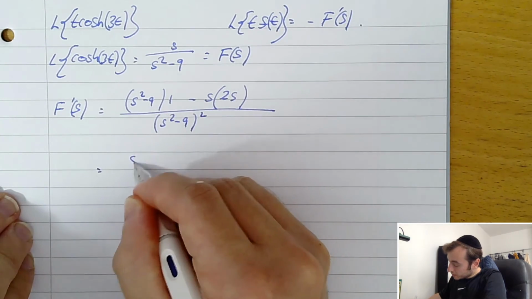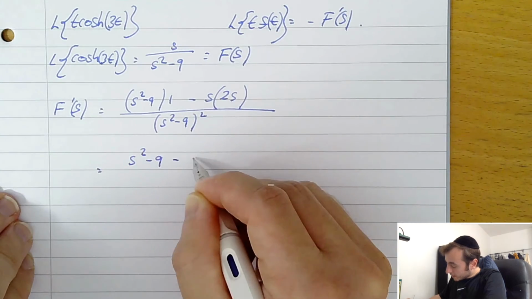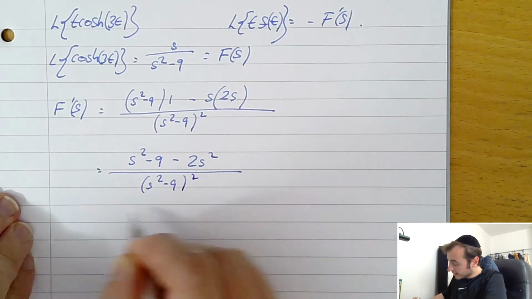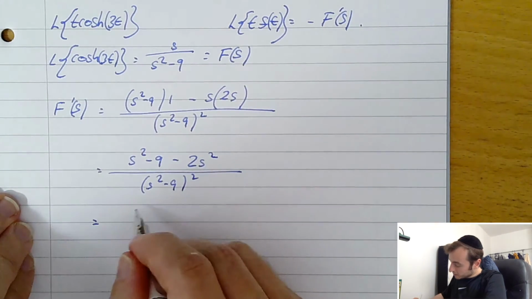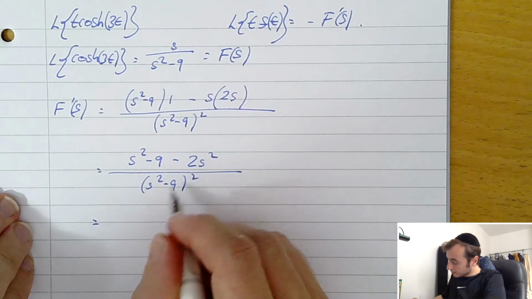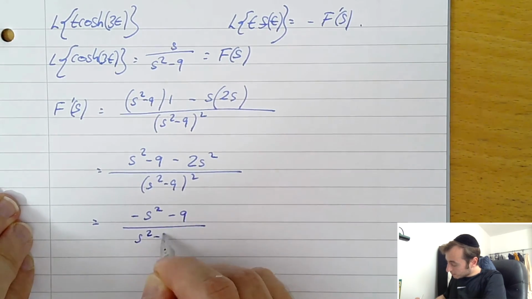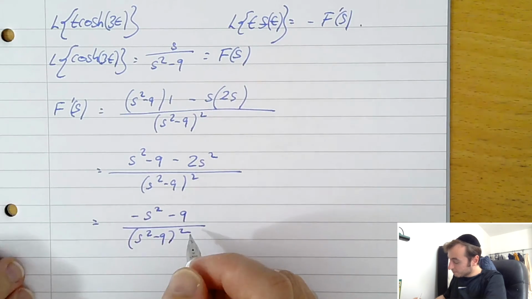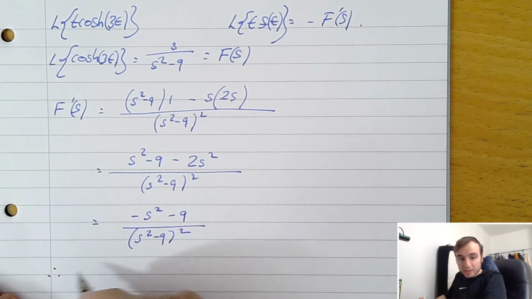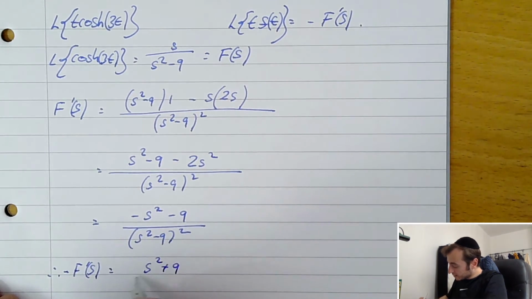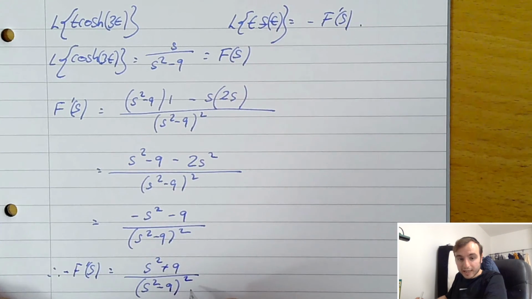And that's going to equal s squared minus 9 minus 2s squared, all on s squared minus 9 squared, which equals s squared minus 2s squared, which is minus s squared minus 9, all on s squared minus 9 all squared. So we can therefore say that the negative, minus f prime s, is going to be equal to s squared plus 9 on s squared minus 9 all squared.